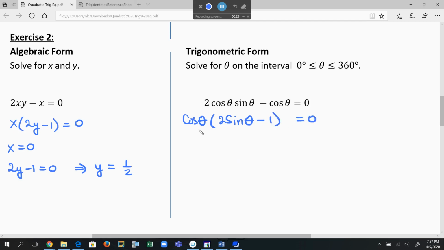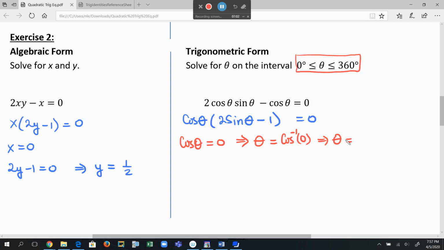Now we set each factor equal to 0. So cosine theta equals 0. Now we solve for theta. Theta will be inverse cosine of 0. Again, we want our answer in the interval from 0 to 360 degrees.